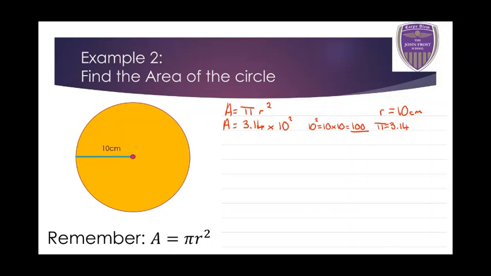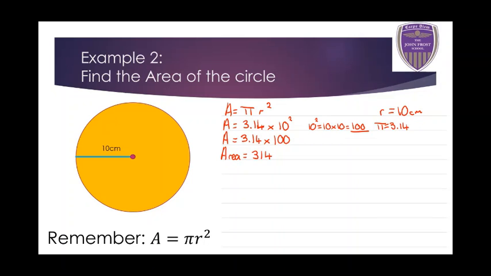Okay, so I'm going to rewrite this out one more time. So the area is equal to 3.14 times 10 squared was 100, remember? So 3.14 times 100, okay? Now, some of you may not need to use the bus stop method for this, because times them by 100 is nice and easy, okay? So 3.14 times 100 is 314, okay?